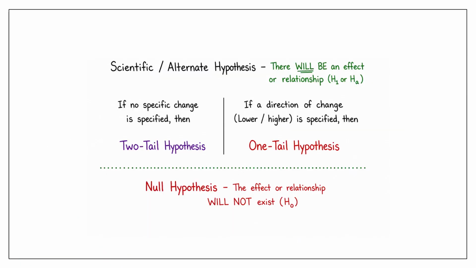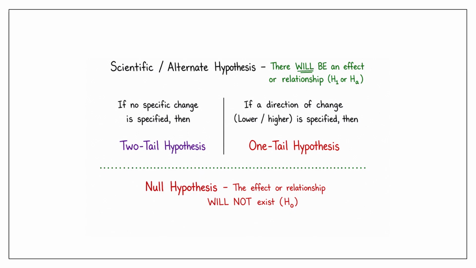Now here again, you have my quick notes on this. I think this is an easier way of remembering some of this information. Again, you have the alternative hypothesis, which is always saying that there's going to be an effect. There will be an effect or relationship or difference between groups. So we will find something. The alternative hypothesis can come in two different ways.